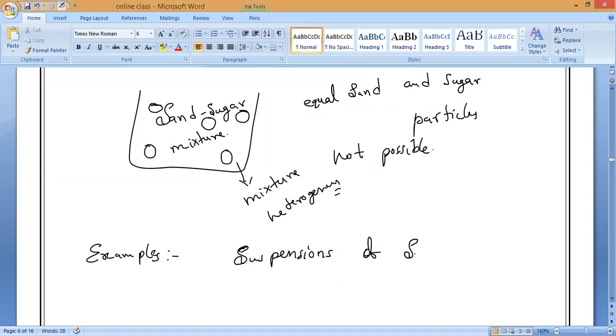Suspensions. Solutions are homogeneous. Suspensions of solids in liquids are called heterogeneous mixtures.